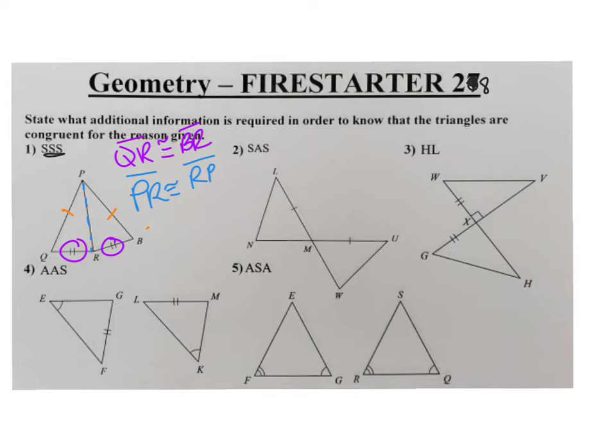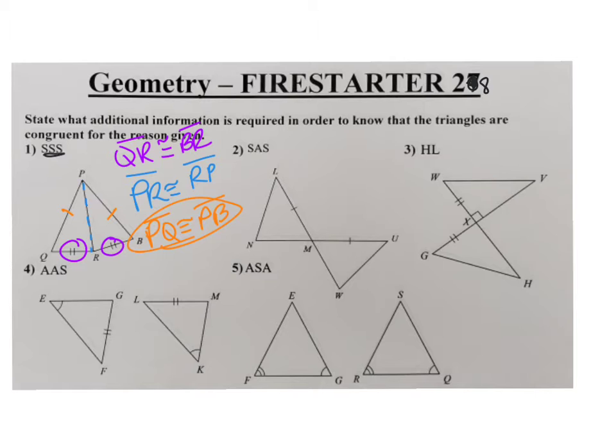So this is the one I need. I need PQ is congruent to PB. So that's the one statement we need. All right. That's it for number one. Segment PQ is congruent to segment PB.